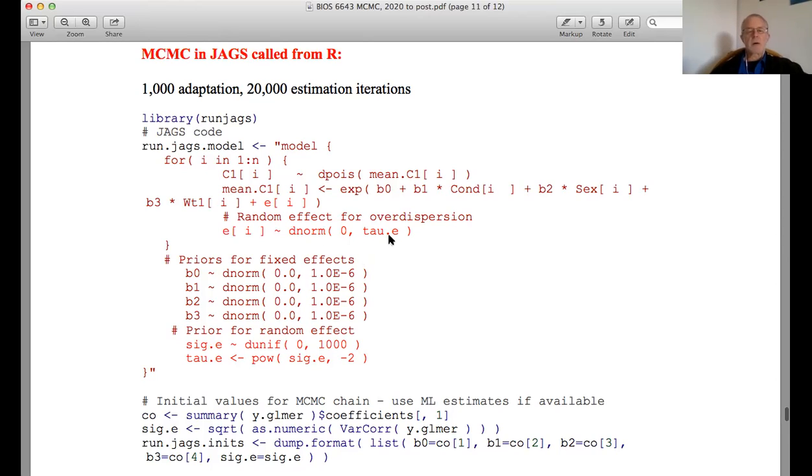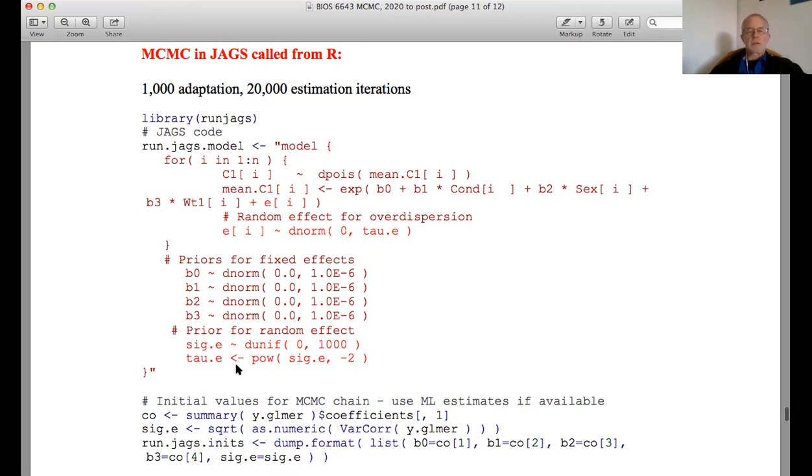So that's tau. In this case, I've decided to put a uniform prior, an uninformative prior, on the standard deviation of the random effect. And that's not exactly what Gelman recommends, but it's fairly close.